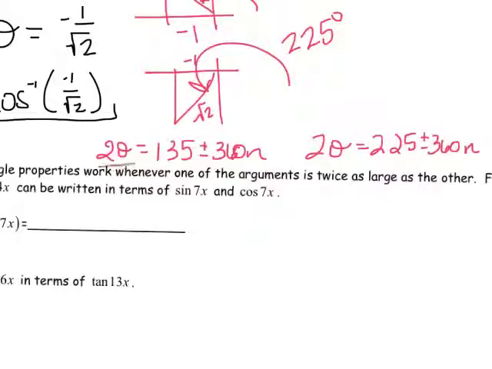Now divide by 2, and that's not a whole number. I don't really care if you leave it as 135 over 2, or say what it would be closest to, 67.5. I'm just going to leave it as a fraction because I don't mind fractions.